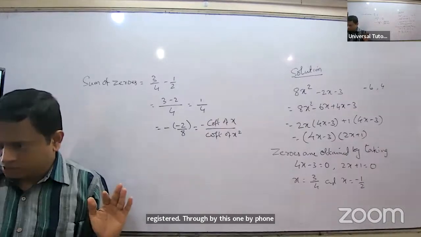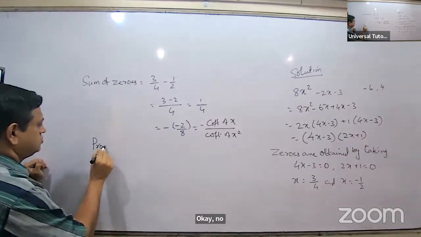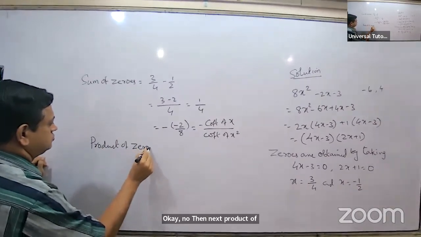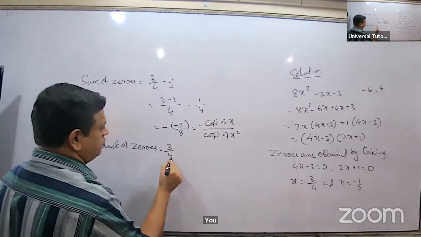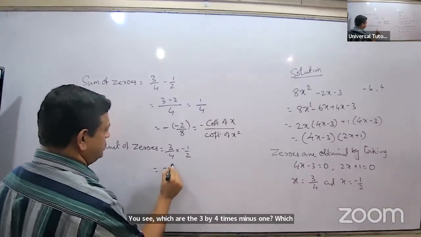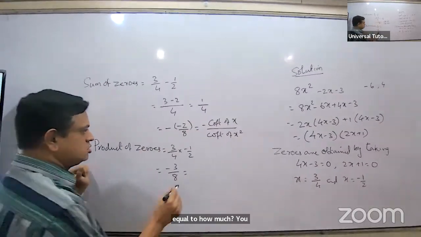Doubt? Then next, product of zeros: multiply 3 by 4 times minus 1 by 2, which is equal to minus 3 by 8. You can check directly, it is the constant term over the coefficient of x square.